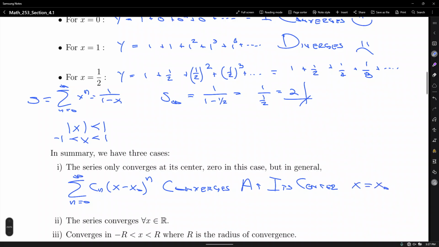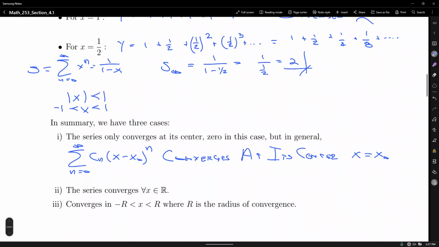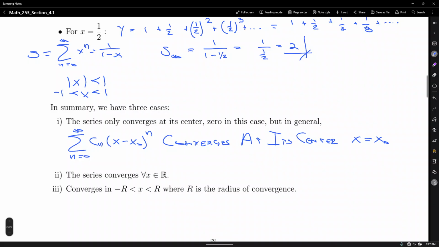You might remember you do the ratio test and then take the limit. If you end up with a 0, the radius is infinity. If you end up with an infinity, the radius is 0, and if you end up with a number, you end up with an inequality, and you need to test the endpoints to keep checking the convergence of the power series.